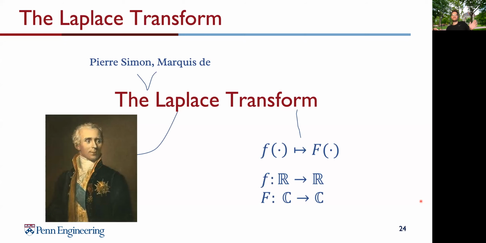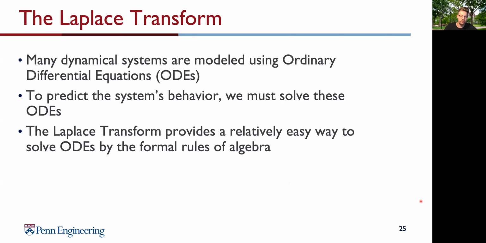So this is just the basics: we transform from the time space to the complex space, what we call the frequency domain. Time domain, frequency domain. And this is what we achieve with this math. And first of all, why do we want to do that? Many dynamical systems are modeled by ordinary differential equations, so-called ODEs.